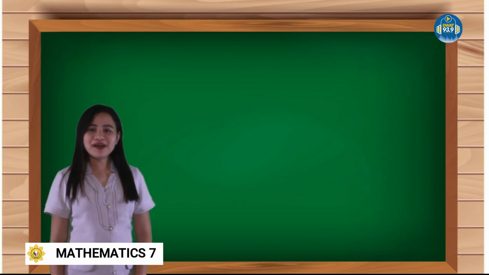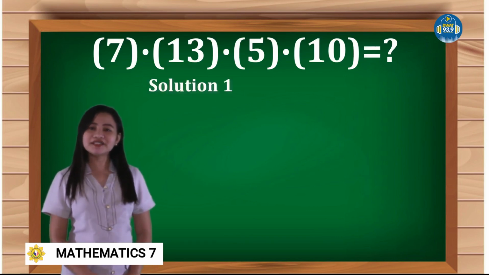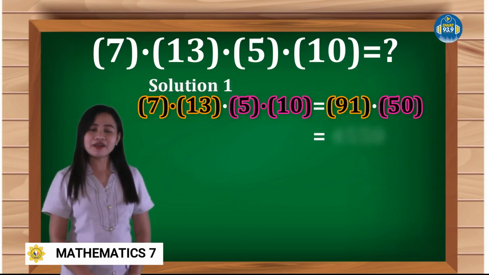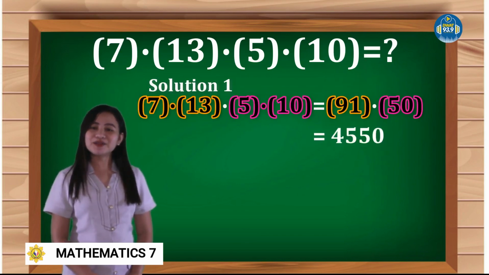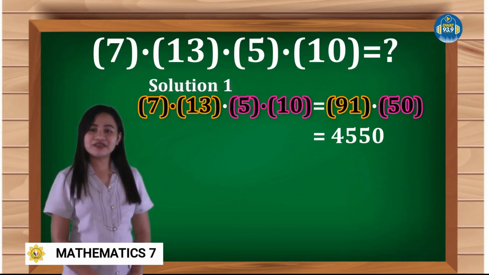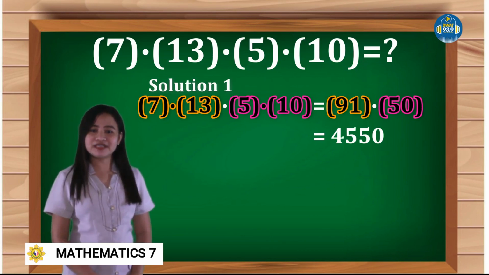Example number 2, 7 times 13 times 5 times 10. There are 2 solutions. One way of solving this is by multiplying 7 and 13, which is equal to 91, and multiplying 5 and 10, which is equal to 50. Then, get the product of 91 and 50, and the answer is 4,550.